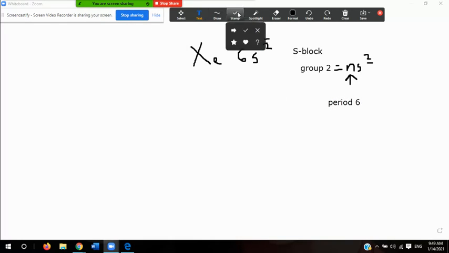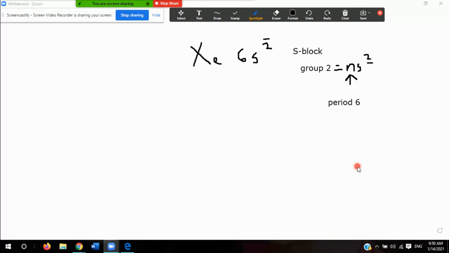So again, I can determine the block because of the s. I know it's in group 2 because of the exponent here, and elements in group 2 have an electron configuration of ns2, meaning that the n represents the period. Because there's a 6 in front of this s2, it is 6s2.